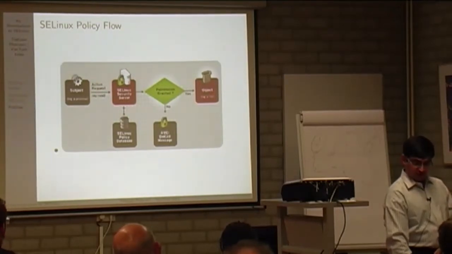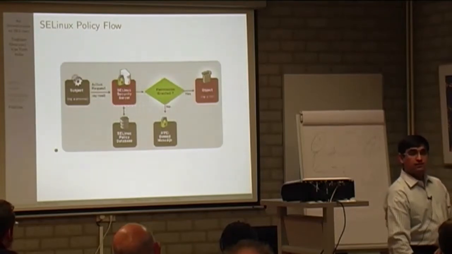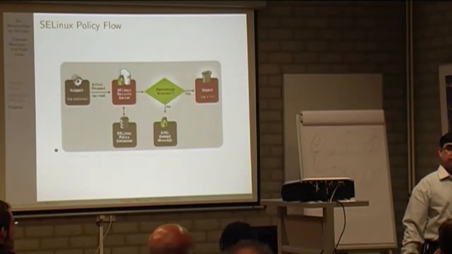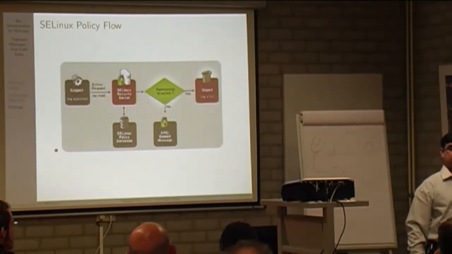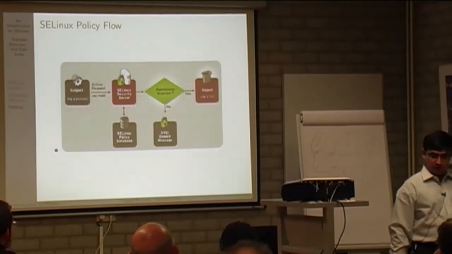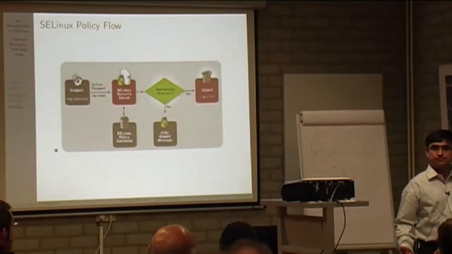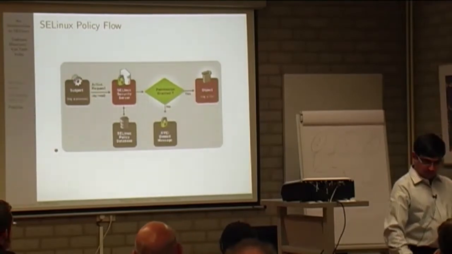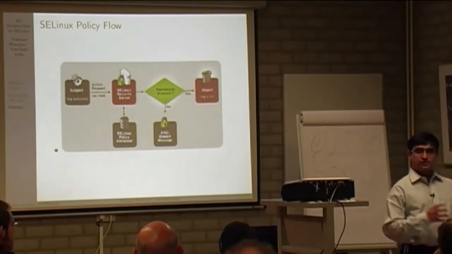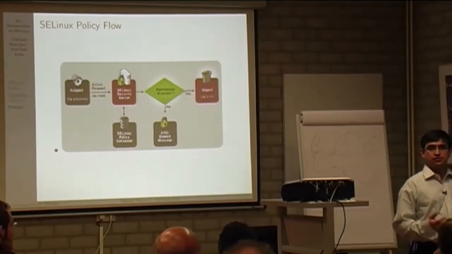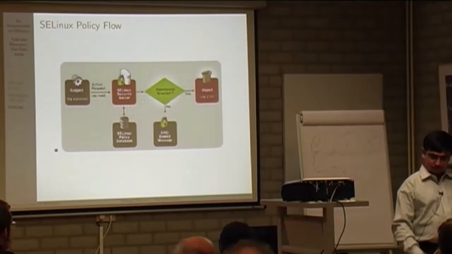If it doesn't grant permission, you get an AVC error message in /var/log/messages or in /var/log/audit if you have the audit daemon on, or in /var/log/secure depending on how you have configured your security module. But by default, all these messages go to /var/log/messages. If you want a full description in a more human readable version, then you should have the audit log on.